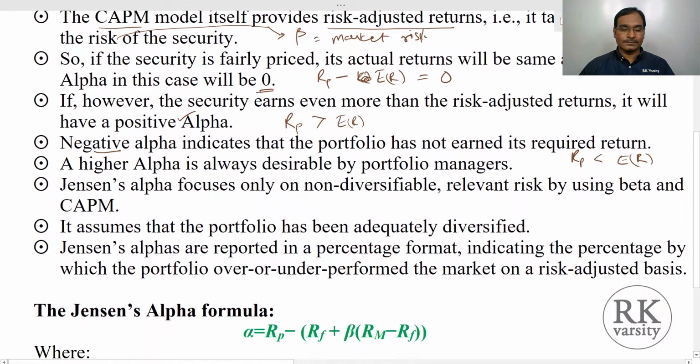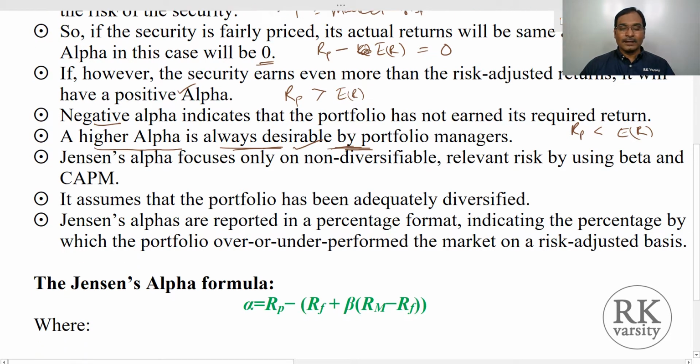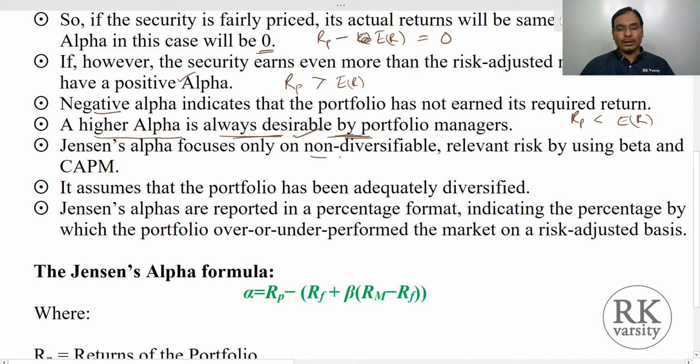So how are we going to interpret this? A higher alpha value is always desirable for portfolio managers. In the sense, you need to have a positive alpha value, and the higher the better. If you have a higher alpha value, then it is considered to be a desirable investment. Now Jensen's alpha focuses on non-diversifiable risk. That is, we are talking about market risk or systematic risk.